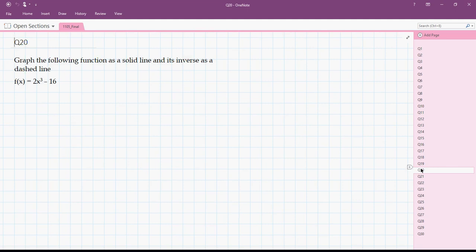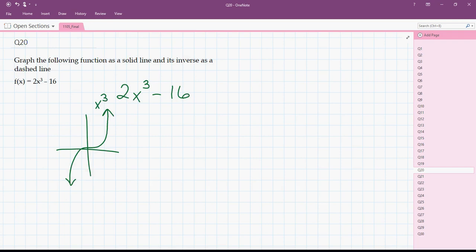So we have 2x cubed minus 16. So if we look at the graph of x cubed by itself, we're going to get something like this. That's just what the base graph of it looks like.